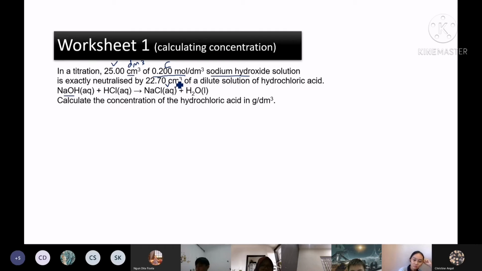I need to change it into dm cube. Hydrochloric acid. What is the chemical formula of hydrochloric acid? HCl. And then the product is NaCl, salt, and water. We ask the concentration of hydrochloric acid in grams over dm cube.